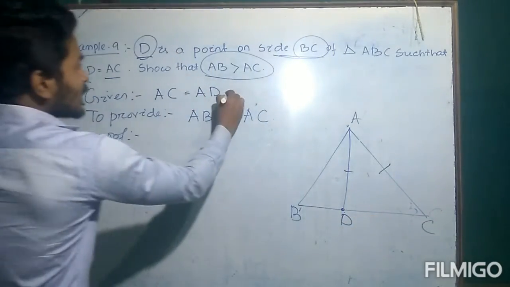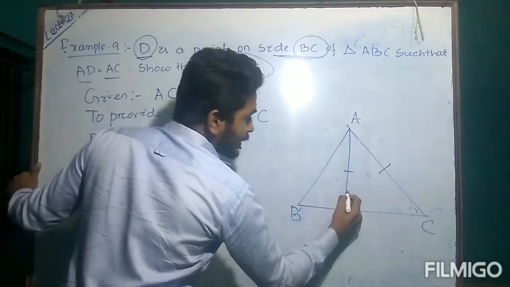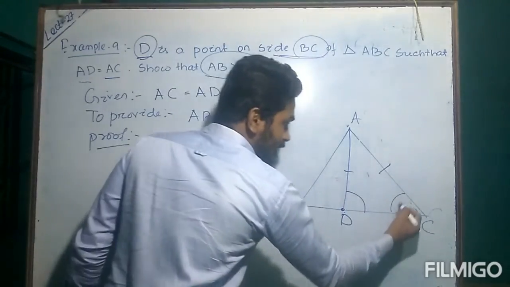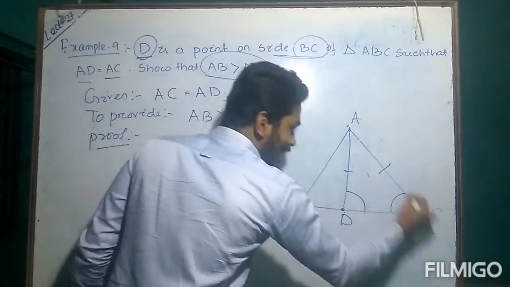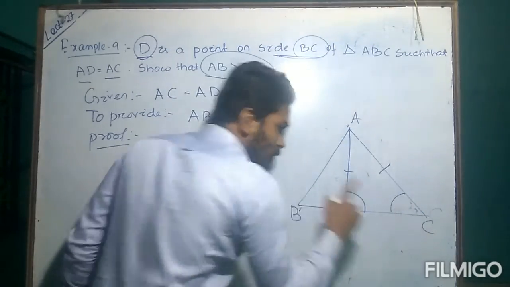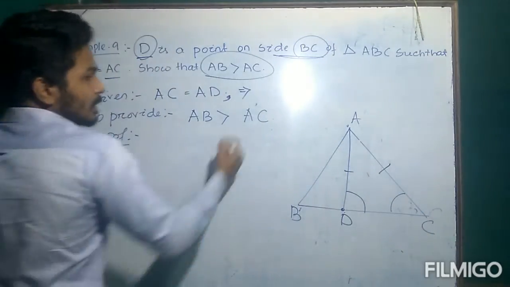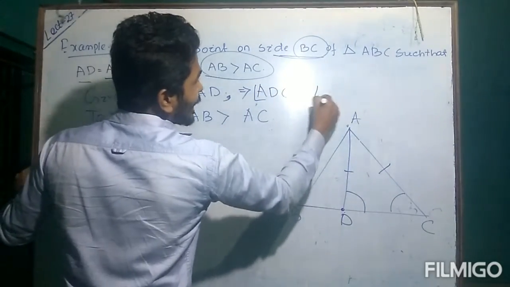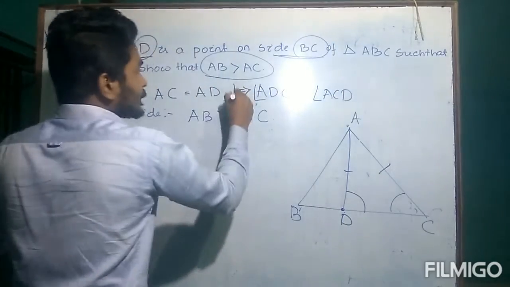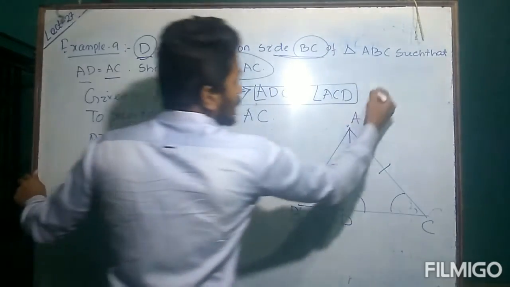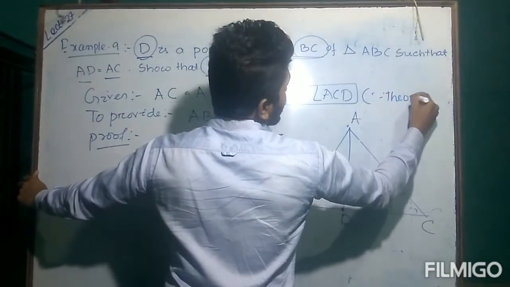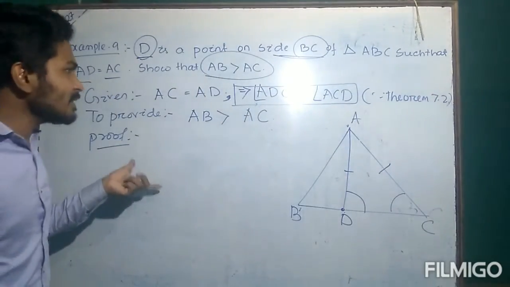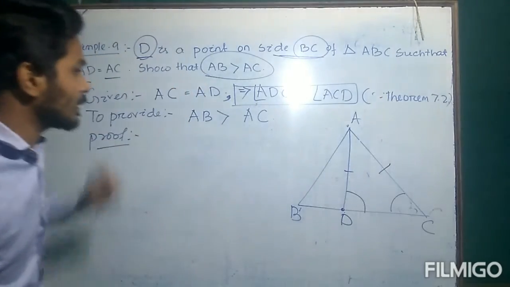So for the triangle ACD, angle ADC is equal to angle ACD, from theorem 7.2. You can write it in the given statement, not in the proof, because it is very convenient to write here.